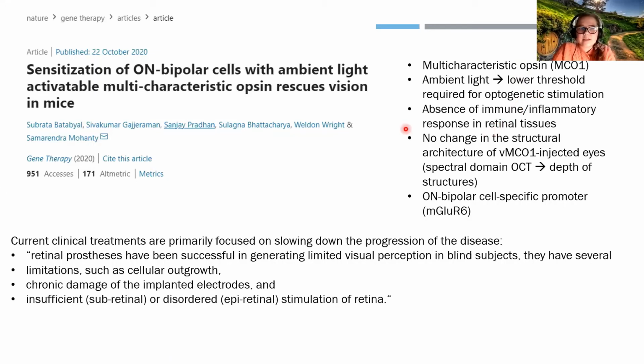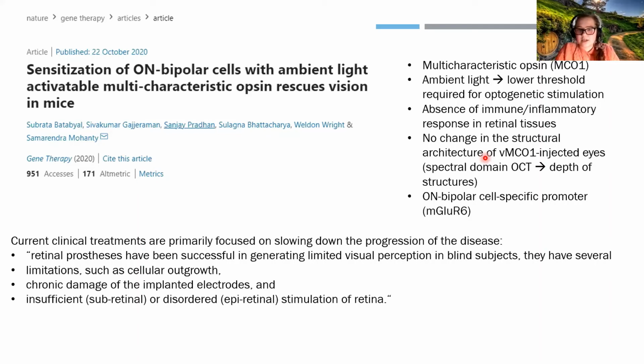Then in that study with mice, absence of inflammatory response was observed. That is a very, very good point. And no change in the structural eye architecture was observed after injections, as we saw in retinitis pigmentosa.